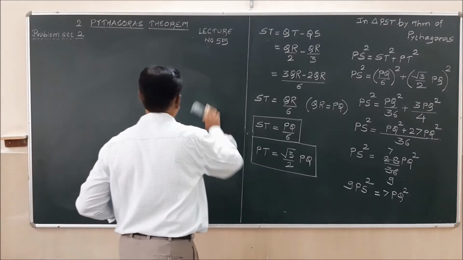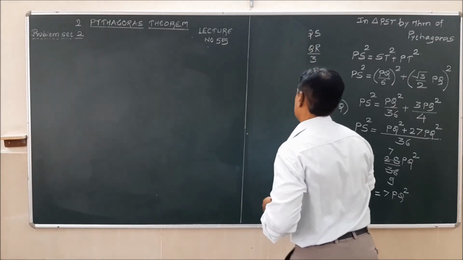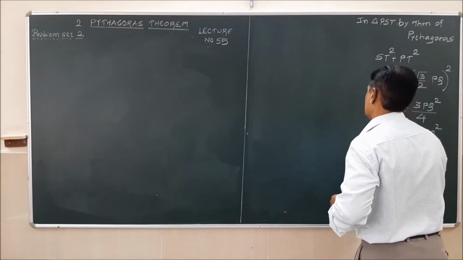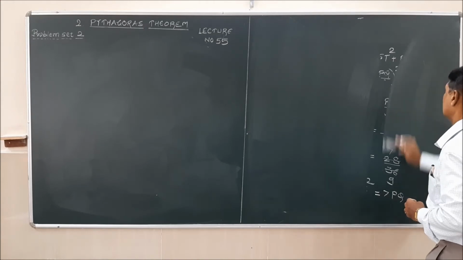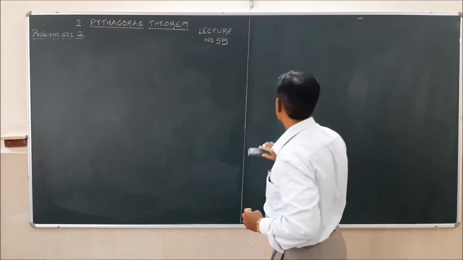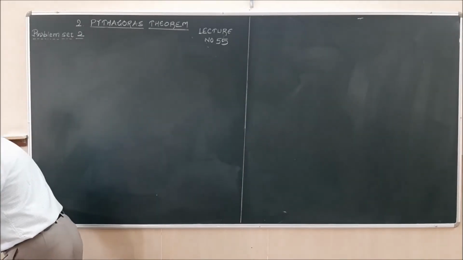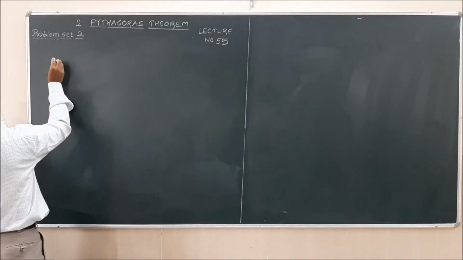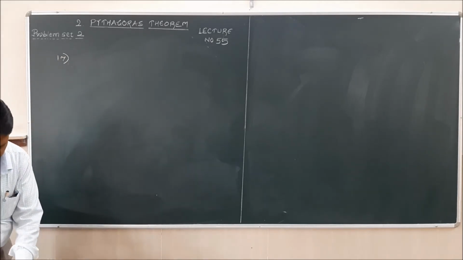Question number 17. These both questions are based on Apollonius theorem. PM is a median in triangle PQR.